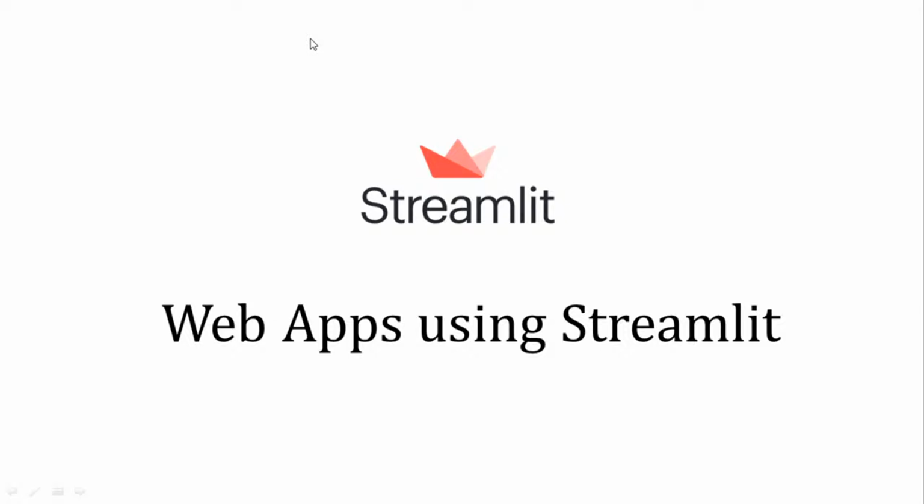Okay. So let's begin. Before I begin with this particular thing, I just want to point out a few important things about the aim of this workshop. First of all, for building web applications we normally use other languages such as HTML, CSS, and JavaScript. That is what we have been using till now.